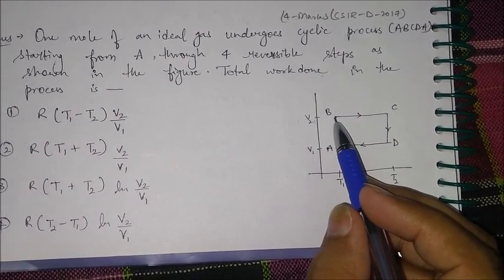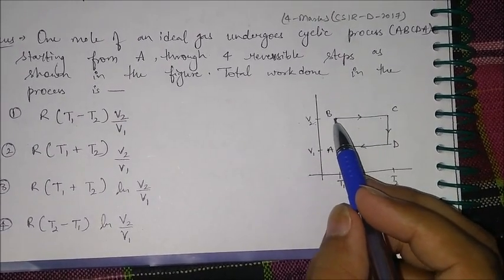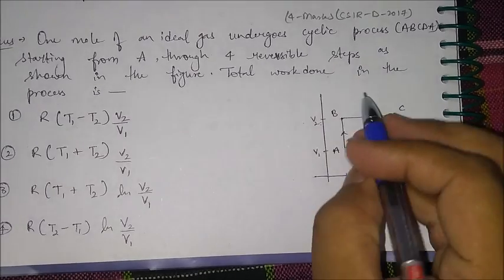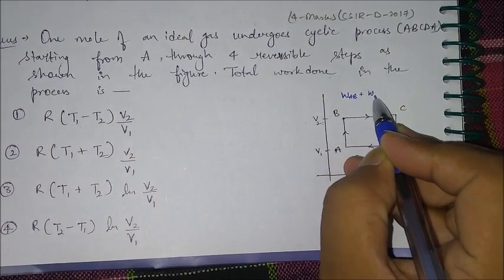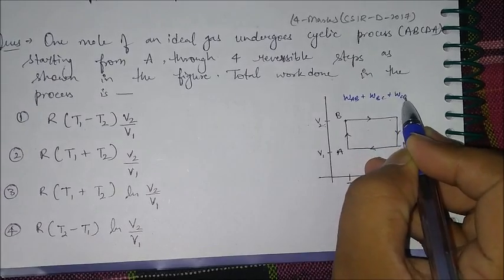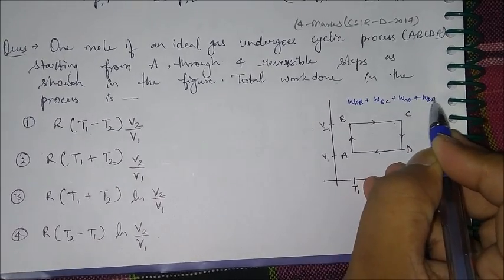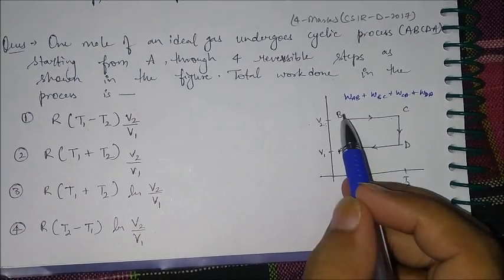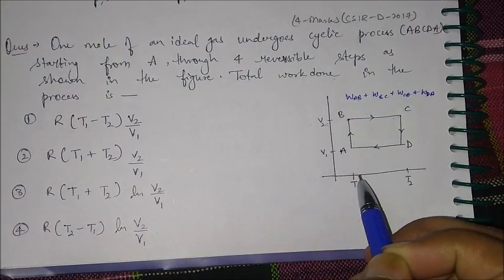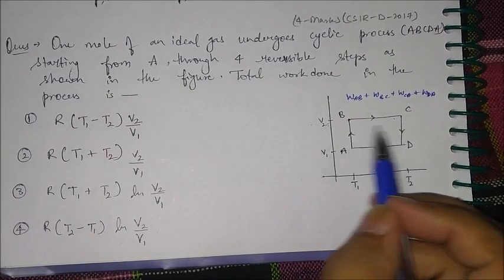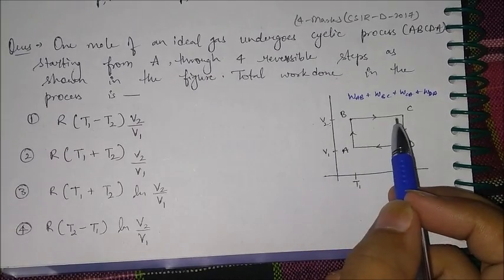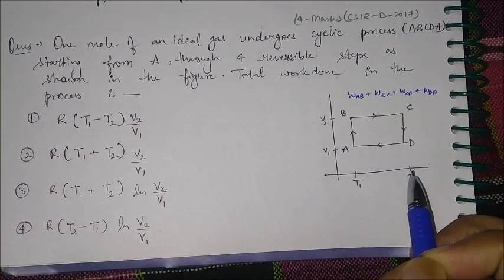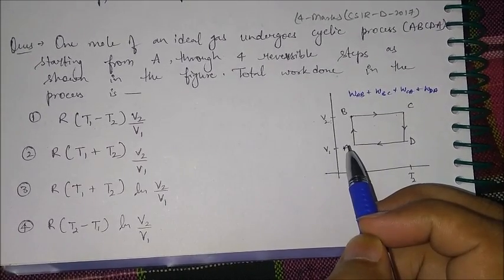You will have 4 different work terms: WAB, WBC, WCD, and WDA. WAB is an isothermal process because it happens at the same temperature. WBC is an isochoric process because it happens at the same volume. Then WCD is isothermal again, and WDA is isochoric again.